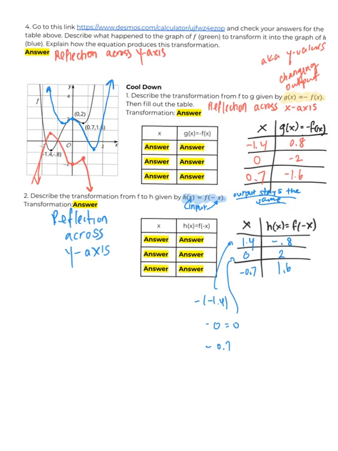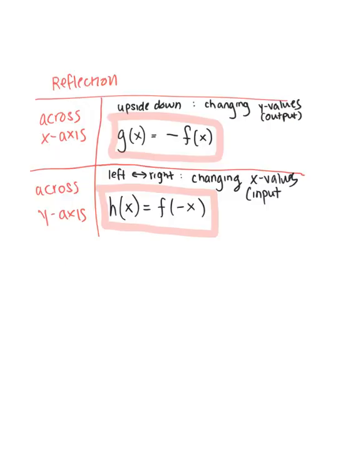Comparing it to the original graph, the black one, if you look at the blue graph, we see that the outputs have stayed the same, but the inputs, the x values, have been switched, and it's a reflection across the y-axis. So we learned about 2 different kinds of reflections today.